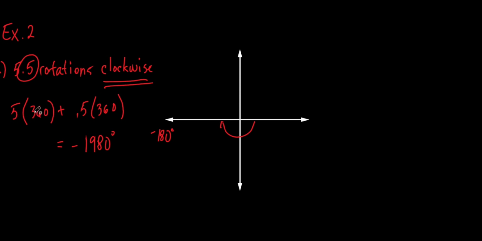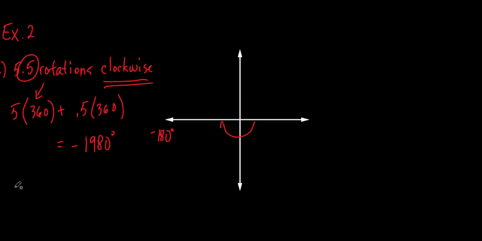Again, you could have just put 5.5 times 360. I just wanted to show you that this basically gets you to the same spot where you started in the first place, but you've already gone around 5 times, right? And then you go halfway, and that's negative 180. That's the half of 360, right? Everybody see that? All right, but you put it all in there and you get negative that.